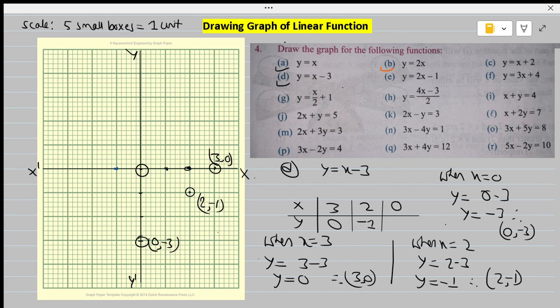So all 3 points are counted, so we can draw the line by joining these 3 points, right? Okay, so let's join them. Done. So this line is y equal to x minus 3.